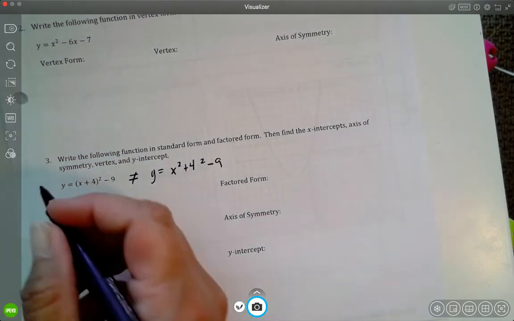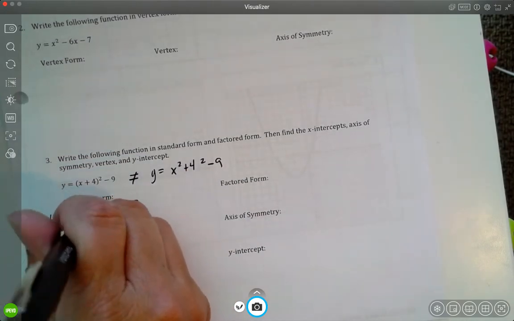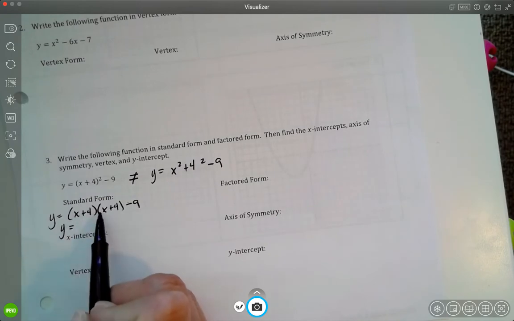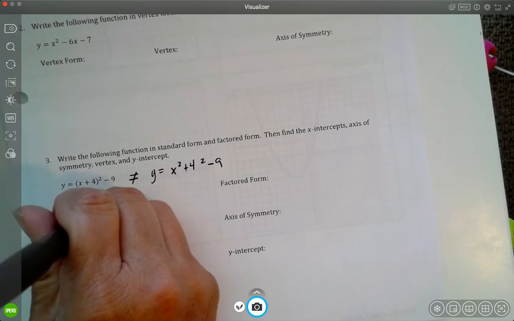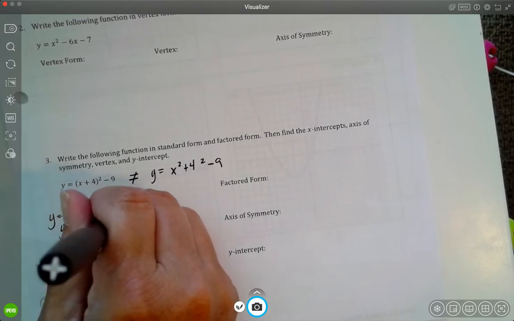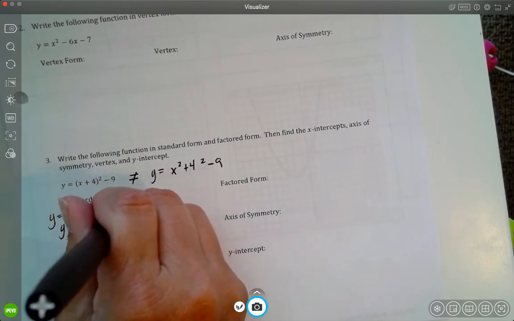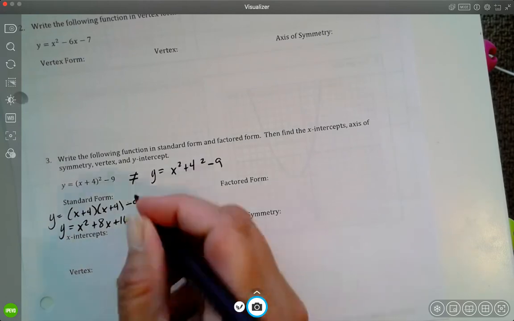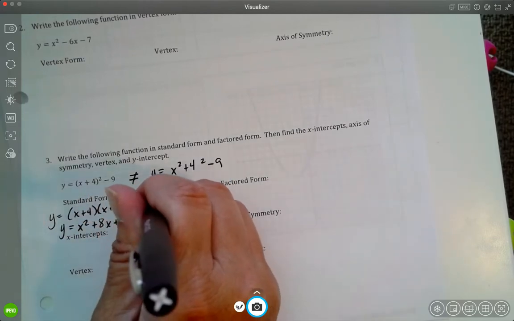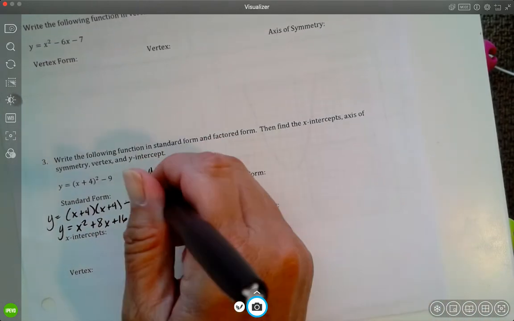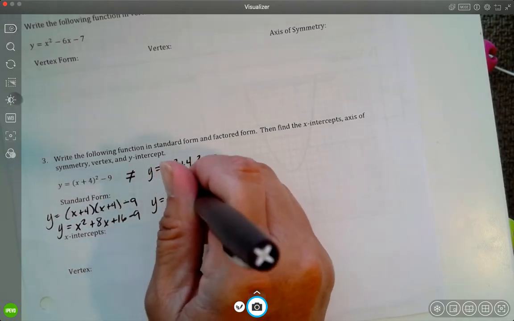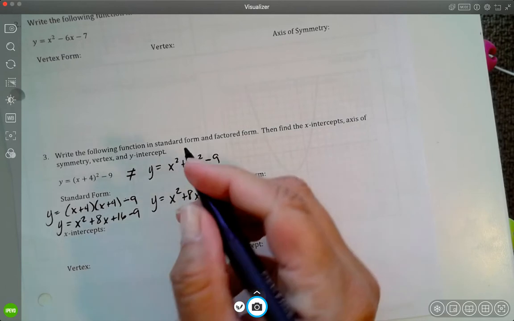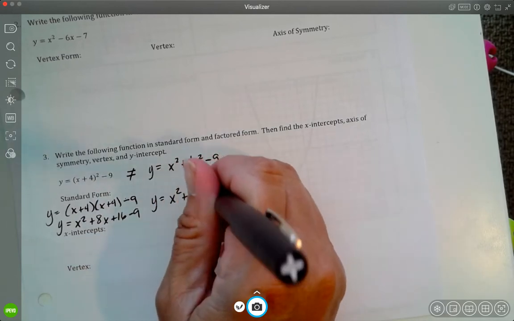So I have y equals x times x, which is x squared, plus 4x plus 4x, so plus 8x, and then plus 16, 4 times 4, and then minus 9. So your actual standard form is going to end up being y equals x squared plus 8x, and then 16 minus 9, which is 7. Here's your standard form.